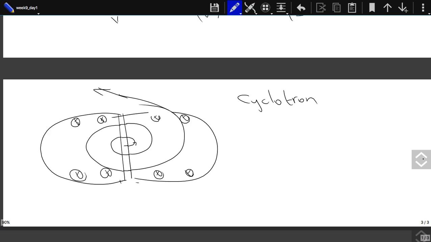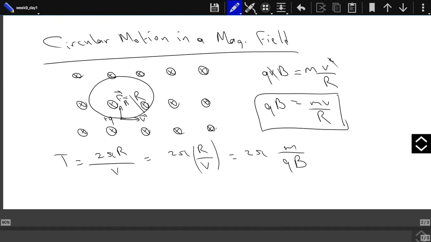Now this works up to energy, let's say 50 MeV, for proton. Basically what happens is once the proton reaches 50 MeV, its speed is already very close to the speed of light. If it is moving at the speed of light, these relationships we cannot really use.